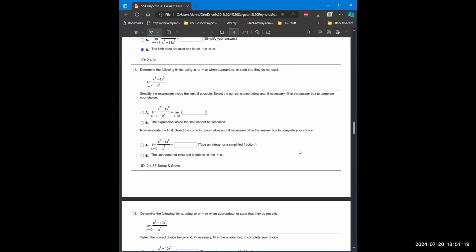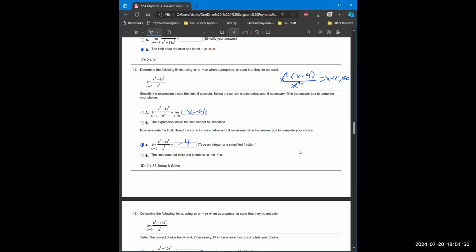All right. X squared times x minus 4 for x squared will be x minus 4 as long as x is not 0. When I do get close to 0 here, we're going to get close to negative 4. Like that.